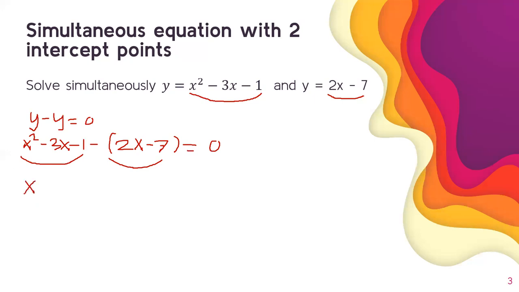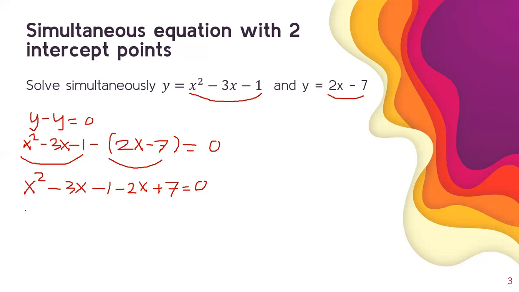Afterwards we could simplify this equation. It's going to be x squared minus 3x minus 1 minus 2x plus 7 equals 0.